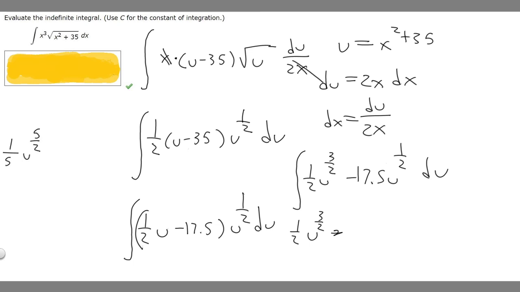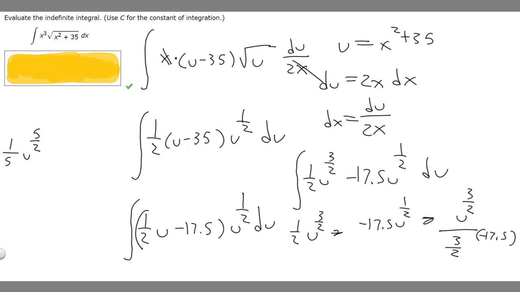And then let's find the antiderivative of minus 17.5 times u to the 1/2. We add 1, so it would become u to the 3 over 2. We divide by 3 over 2. Then we multiply by minus 17.5.